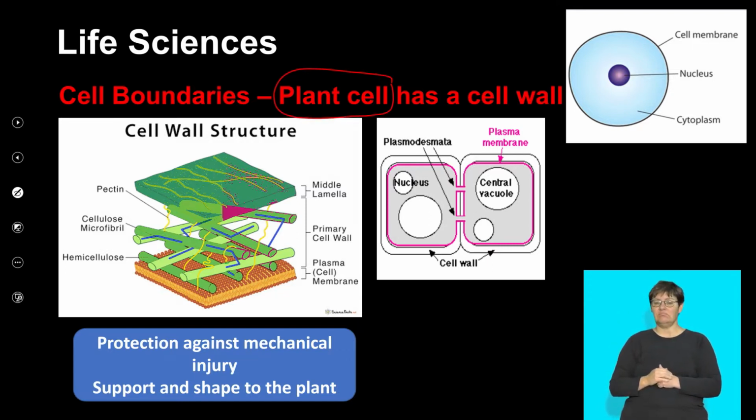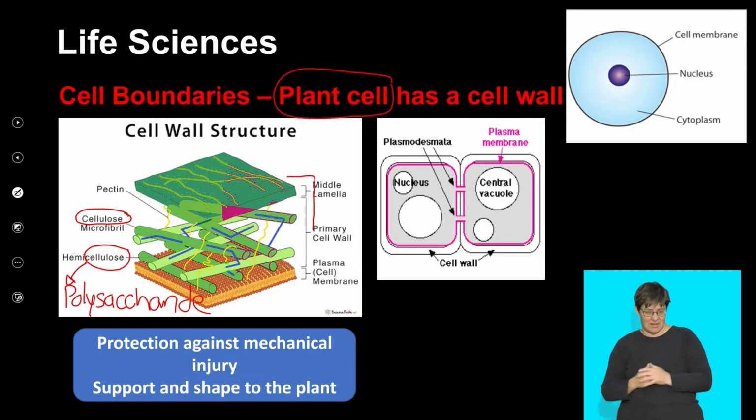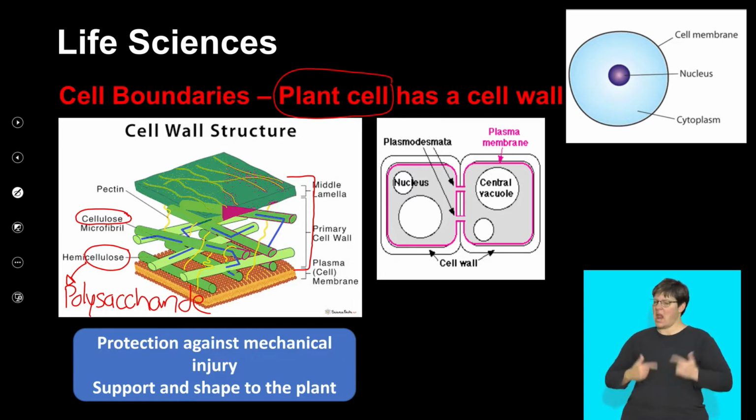It allows everything in, and the most important component is cellulose, right? If you can remember in your biochem, cellulose was a polysaccharide. It's a carbohydrate, made up of saccharides, the polysaccharide, like starch and everything. And here we have the cell wall, nice and strong, non-living, to be able to support the cell.